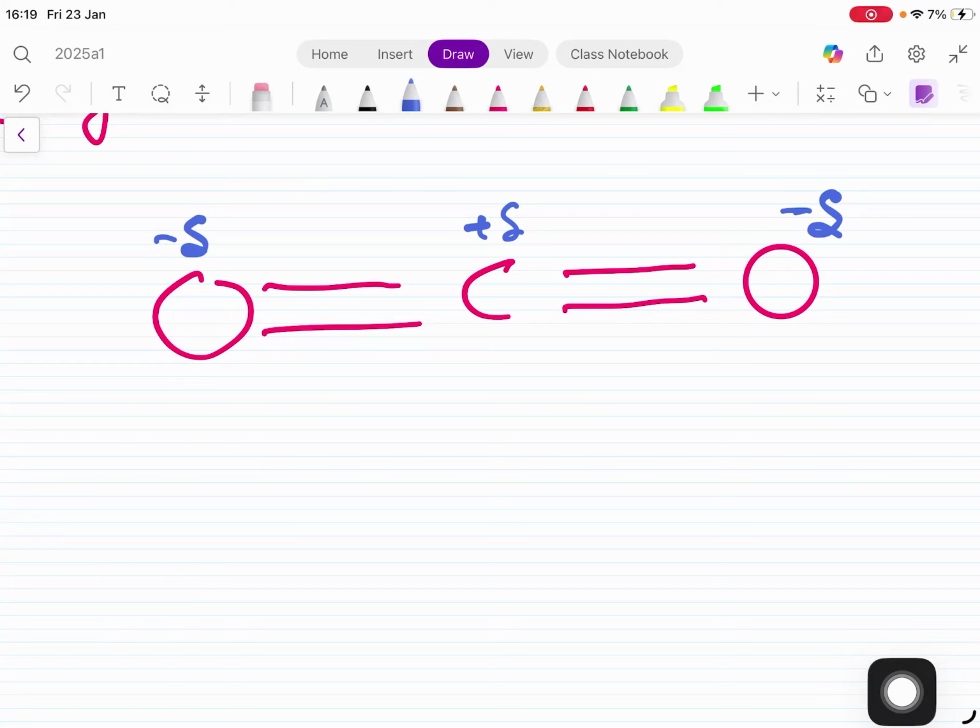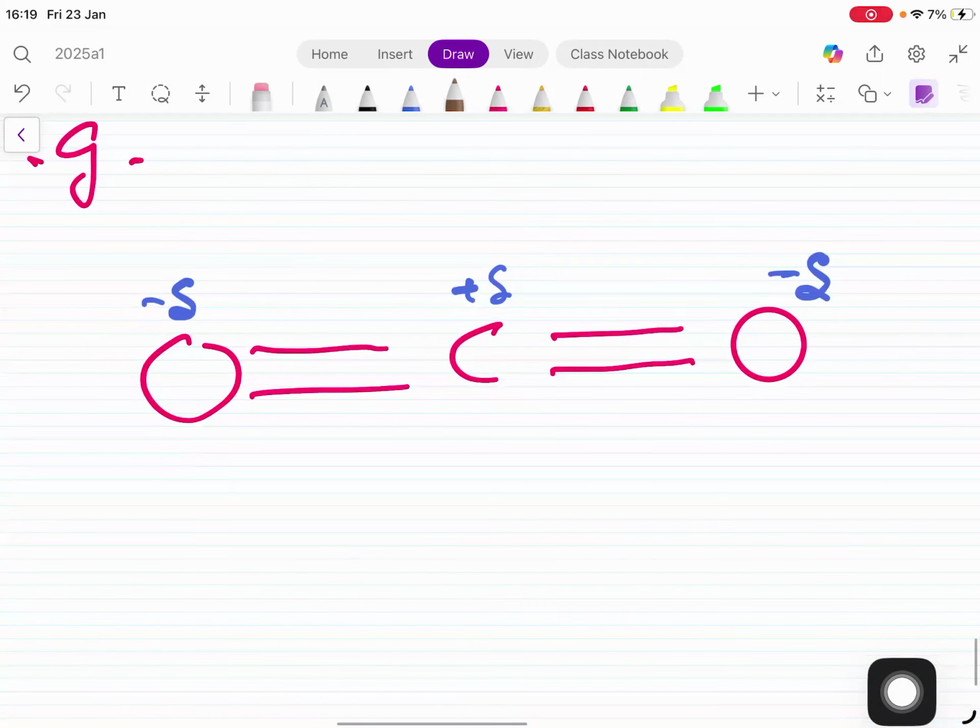How to add up? We consider a bond polarity as a vector quantity. Every vector quantity has two things, direction and magnitude. Direction is always positive to negative. So this is one vector, and this is another vector.